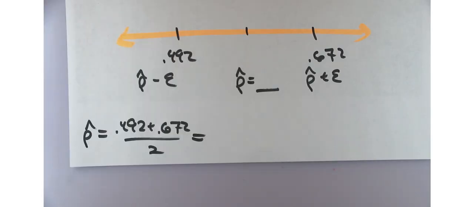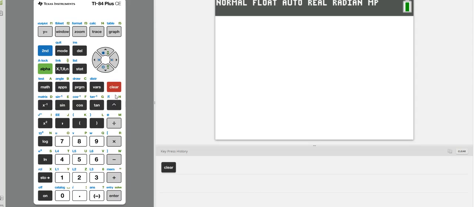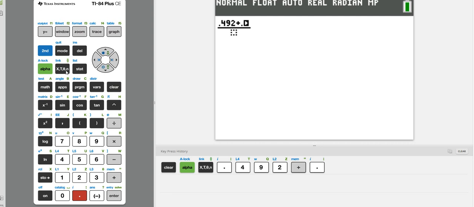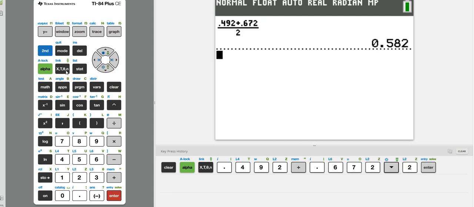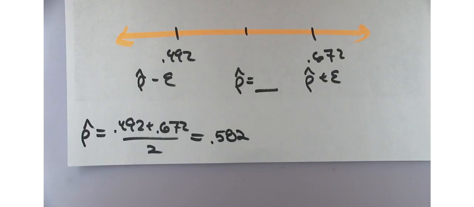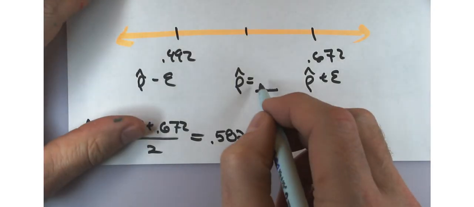Let me do it this way: 0.492 plus 0.672 divided by 2. All right, so 0.582. So that's your best estimate, 0.582.